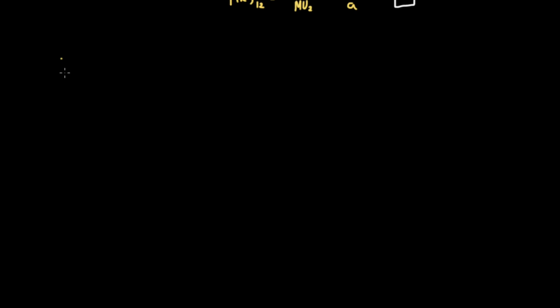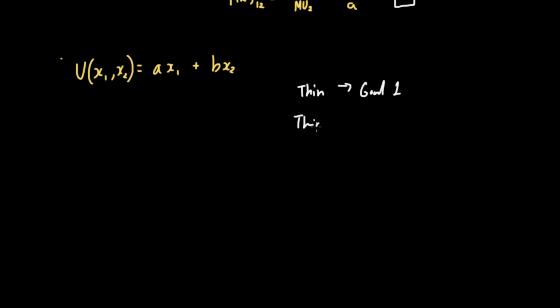So here, rewriting the general form of our utility function, u(x1, x2) would be equal to a x1 plus b x2. So we'll assign the thin notebook, and I'll just write this on the right side, the thin notebook is good 1, and the thick notebook is good 2.